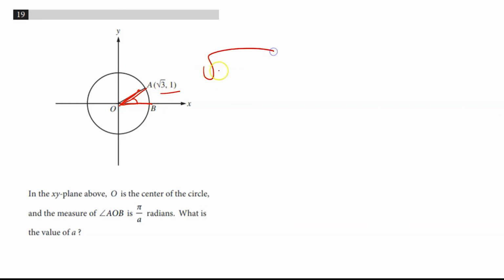So we have root 3 squared plus 1 squared. Note, this is the same as the Pythagorean theorem, and that equals root 3 squared is just 3, and 1 squared is just 1. So we have the square root of 3 plus 1, which is 4, and the square root of 4 is 2.